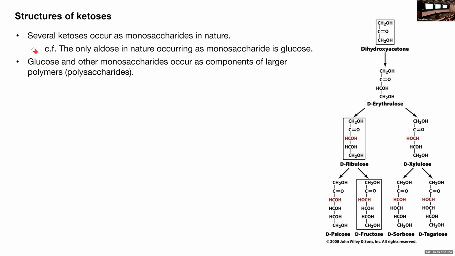An interesting thing is that you can get all these different kinds of ketoses in nature as monosaccharides, as opposed to aldoses, where the only monosaccharide you can get is glucose. This is because they use a different pathway for molecule synthesis.